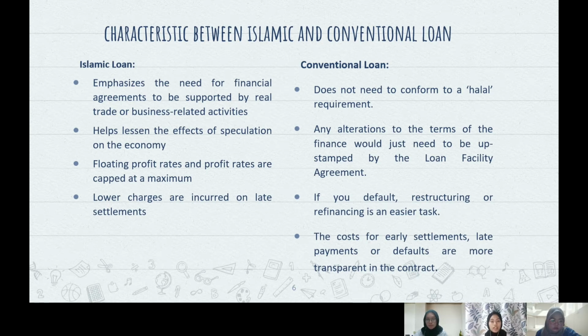If you default, restructuring or refinancing is an easier task for a conventional loan. And last for conventional loans, the cost for early settlements, late payments or defaults is more transparent in the contract.